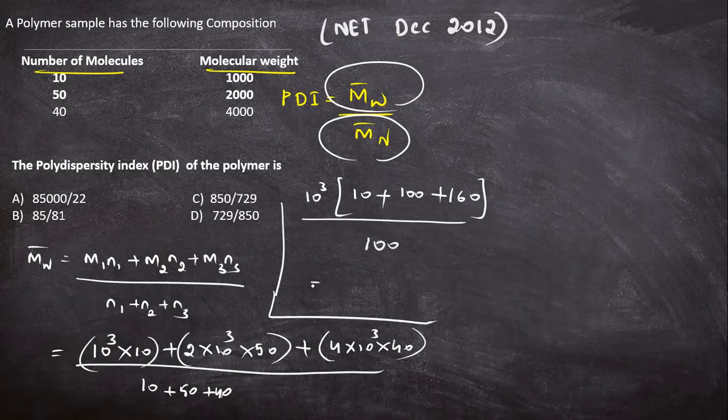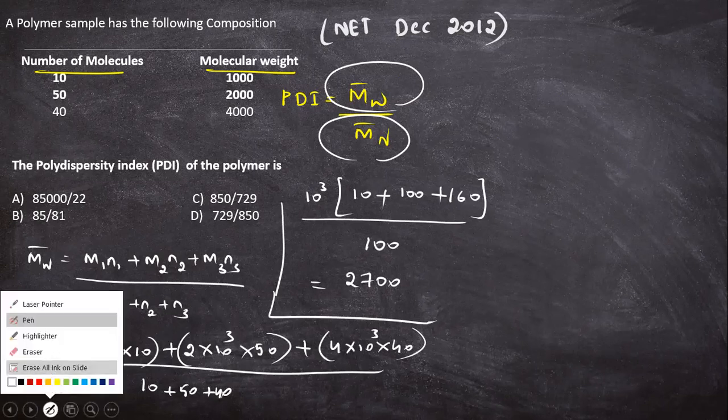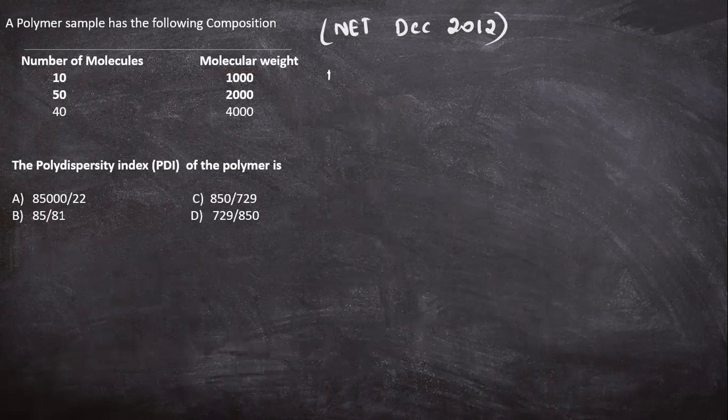If you solve this, you will get 2700. So keep in mind, the value of Mn is 2700. So now we need to calculate Mw.